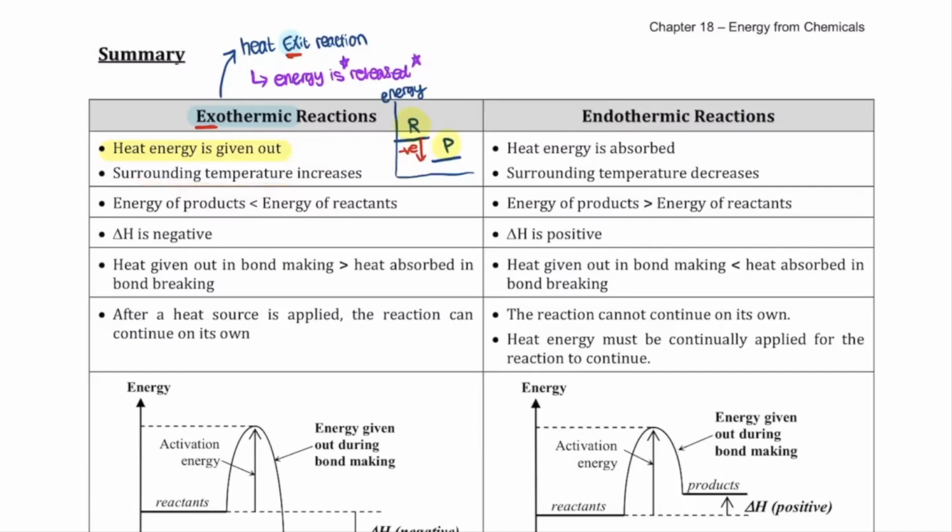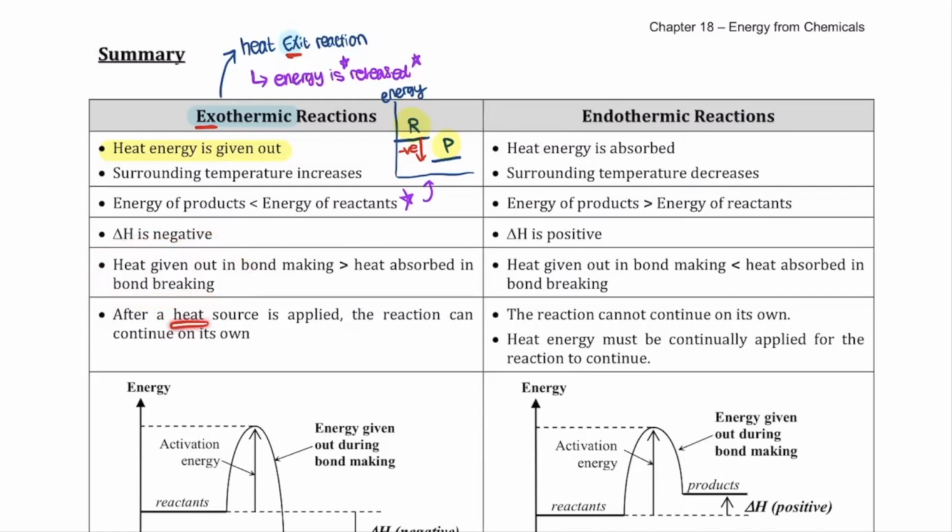So this concept over here has already been summarized for you in the drawing above. Now you notice that the delta H value, which is your energy change, is negative. And we can also say that the heat that is given out in the bond forming process is greater than the heat absorbed in the bond breaking process. And that is the reason why the delta H value will be negative.